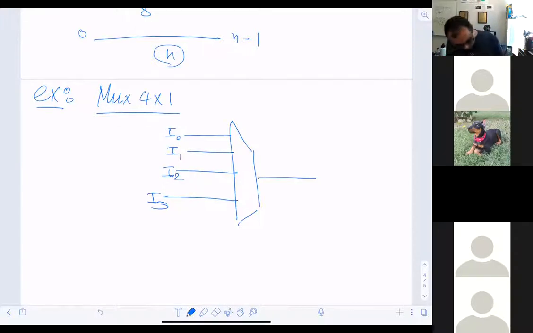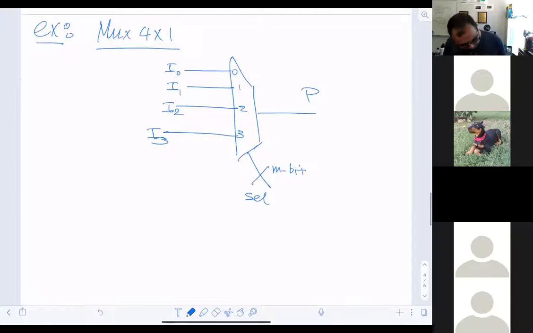The output is P, and these are locations 0, 1, 2, 3. So what is the size of the select now? It's M bits, and M is equal to log 2 of how many inputs I have, which is 4. So it's going to be 2, so the select is 2 bits.